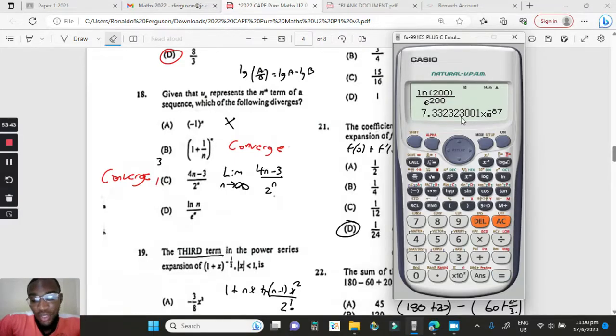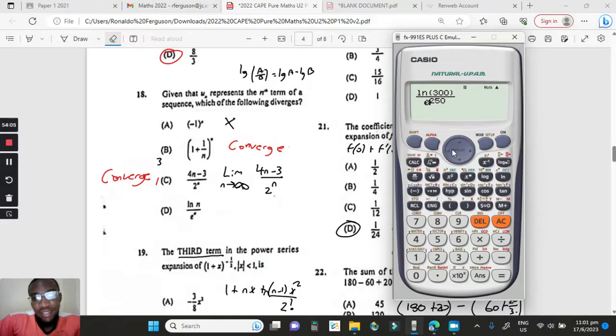That's very small. So we'll go bigger now, and let's go 500. Math error. Can't go 500. Let's go 300.